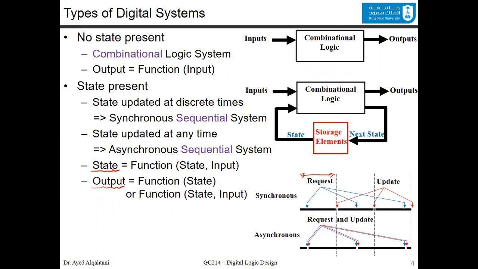So the next state is a function of the state and the input, while the output is a function of the state. It could be this way, and that's one type, or it could be a function of the state and the input, which is similar to what we saw in the state. You can also see this from the figure.